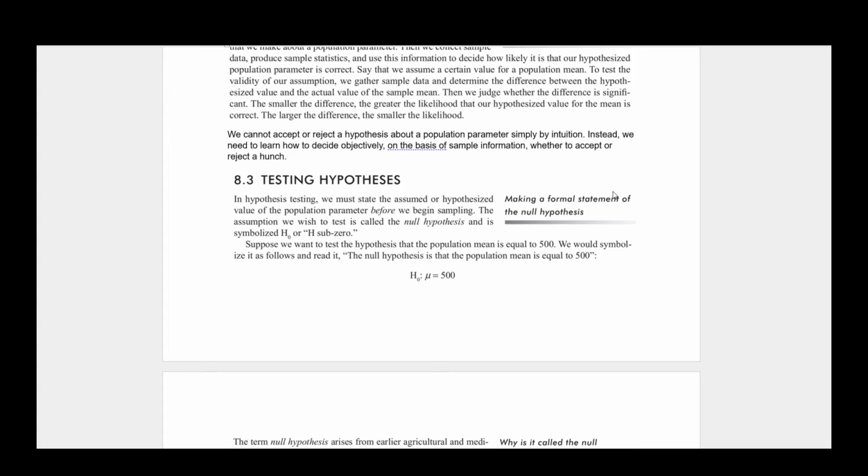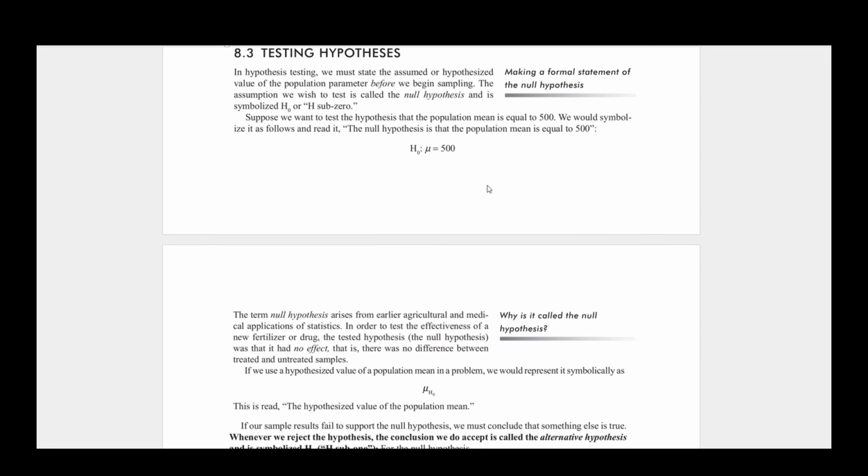For example, suppose we want to test a hypothesis that a population mean is equal to 500. We read it as the null hypothesis that the population mean is equal to 500, and we indicate it as H naught: mu equal to 500. Why is it called null?